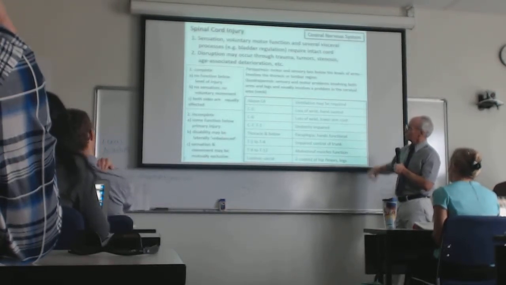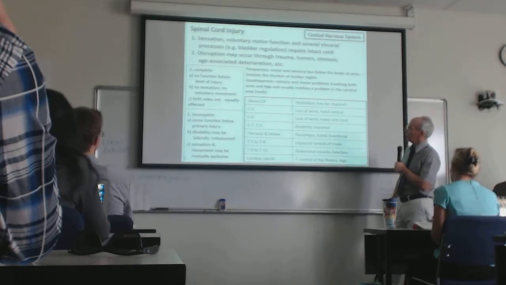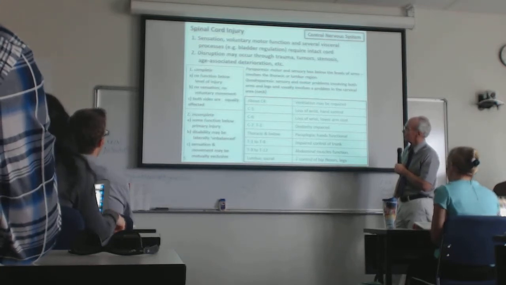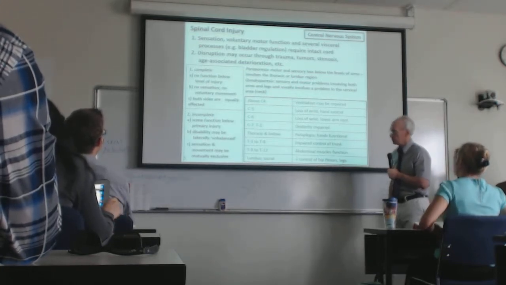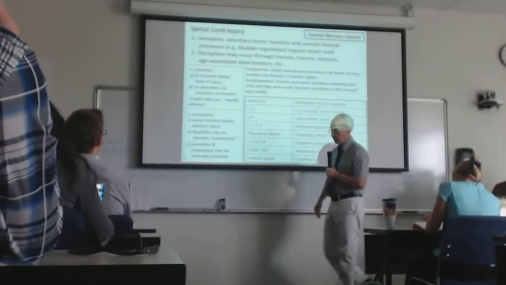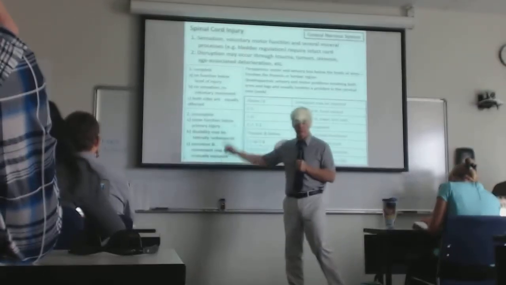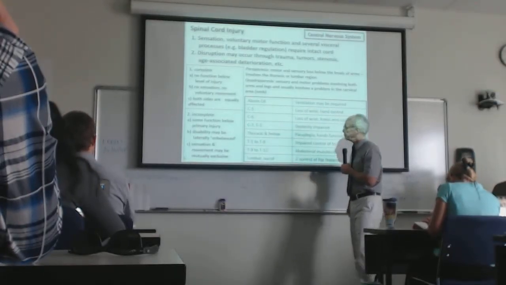They keep changing the terminology with respect to whether 2 or 4 limbs are involved, and I never know what terminology to use. I have paraparesis and quadriparesis up here. You often see tetraplegia or paraplegia. I think this is the preferred terminology now.